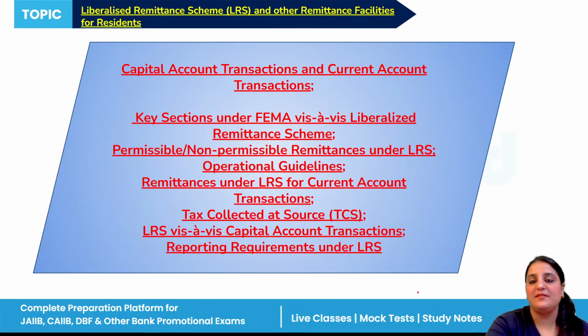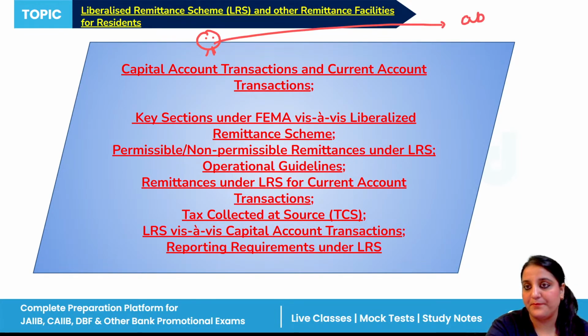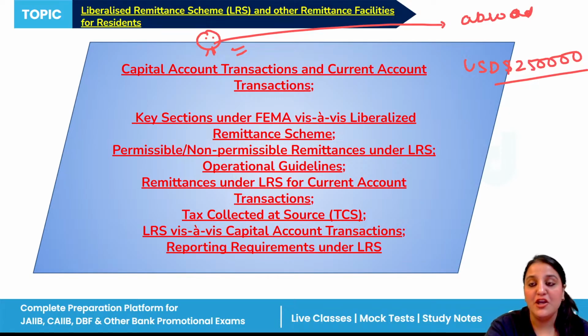Then LRS. If someone wants to send money abroad, that person can send the money, but up to a limit, and the limit prescribed is US dollar 2,50,000, right? US dollar 2,50,000.